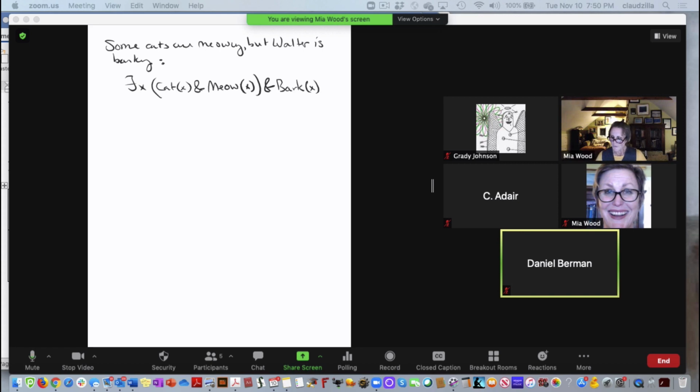Right? So there's no reason for us to put parentheses around, or sorry, there's no reason to extend the parentheses beyond the meowing cats, because all we're talking about are the things that are cats and things that are meowing.